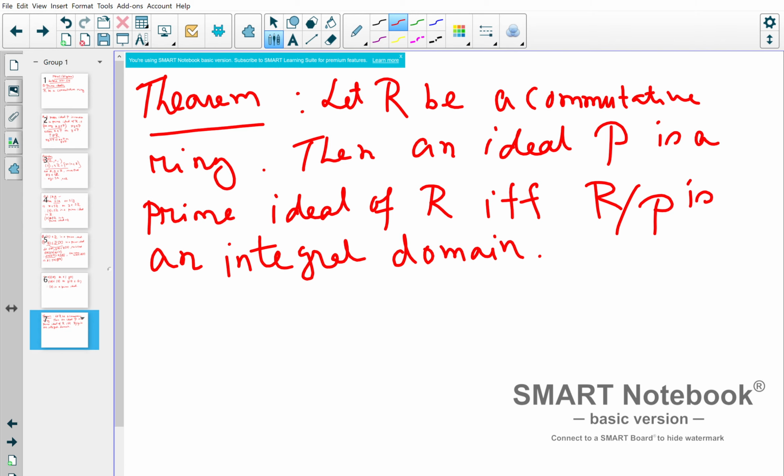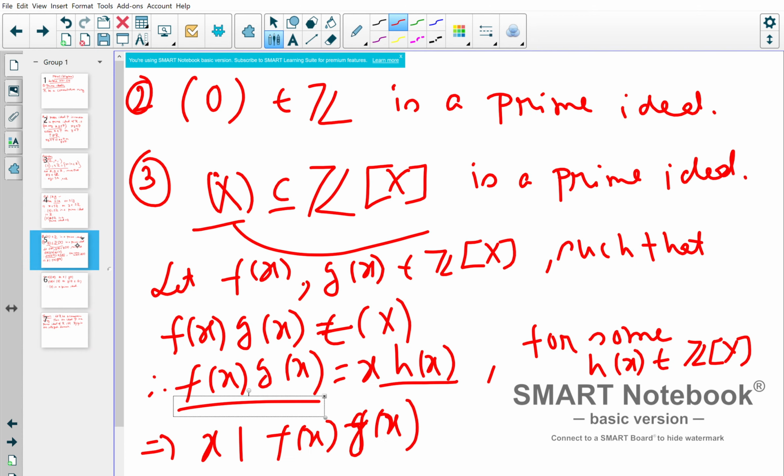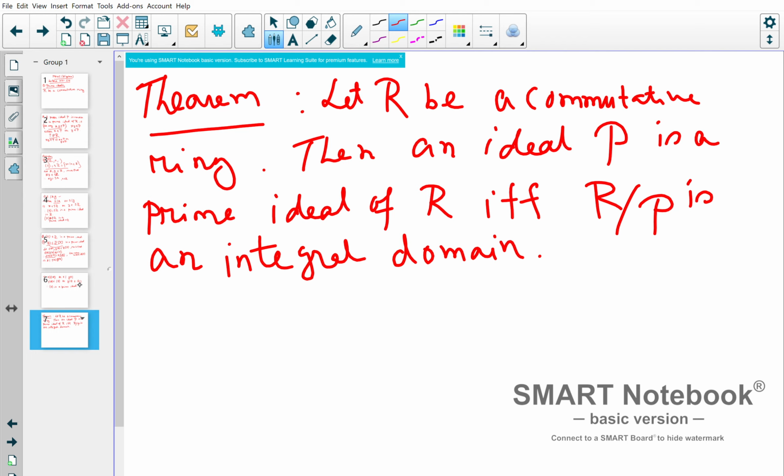Now before going to the proof, let us check the previous examples I was discussing here. In this example, I used the other definition, but you can use what I just discussed here.